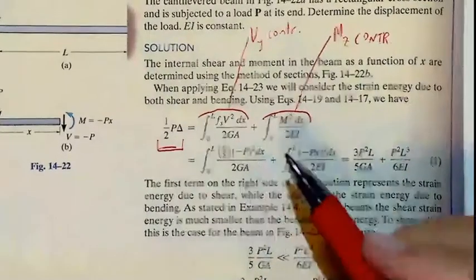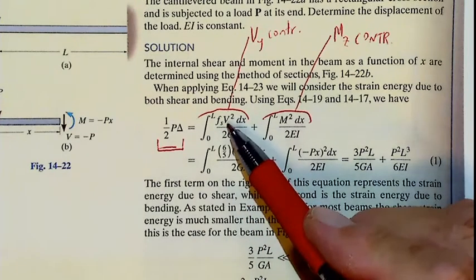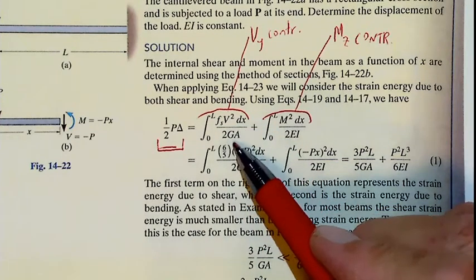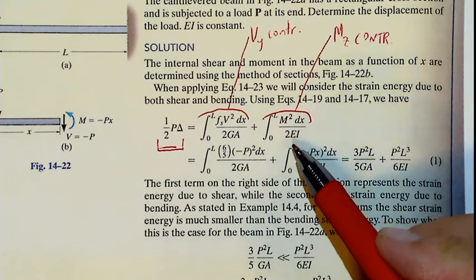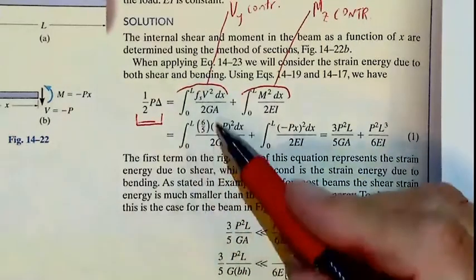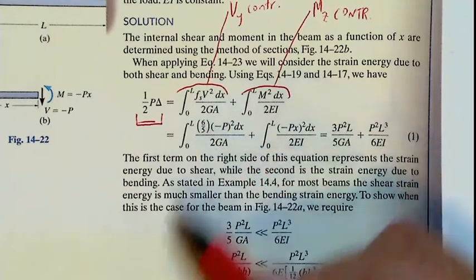Now we define this factor of cross section, that is, the shear term Vy squared dx over GA. G is the shear modulus, and E is the elastic modulus. We found that this factor for a rectangular cross section is 6/5.